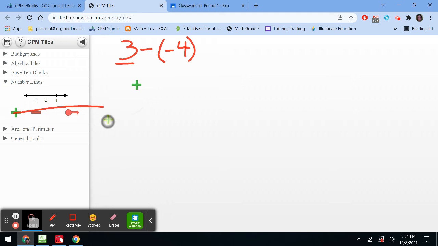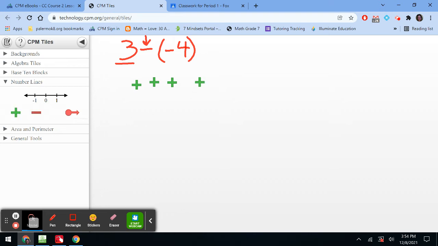So we've got 1, 2, 3. And this one tells me I'm going to remove -4. I don't have -4. So I need to add 0 pairs so that I have enough to take away.